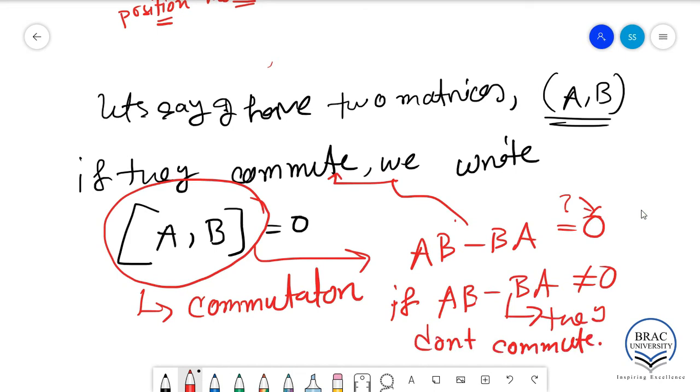And this commutator plays an important role when you deal with quantum mechanics or quantum field theory. And when the commutator is not equal to 0, the most interesting cases arise.